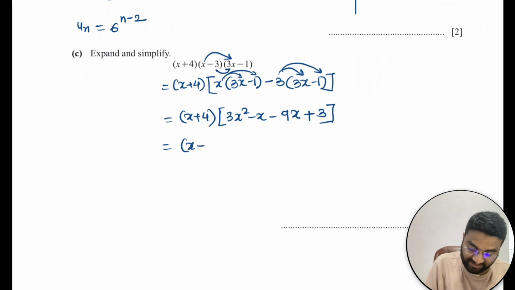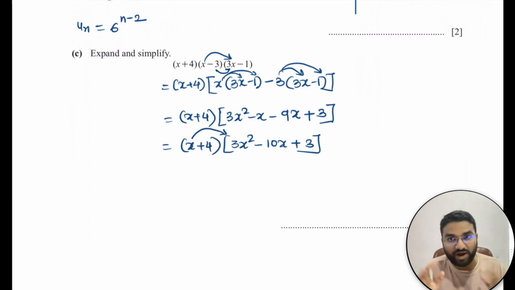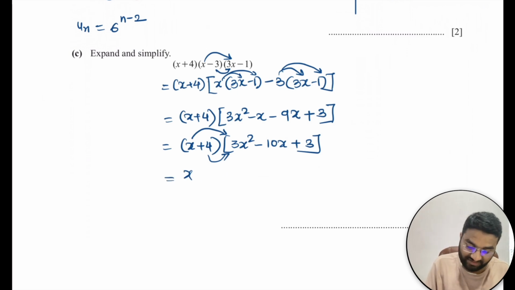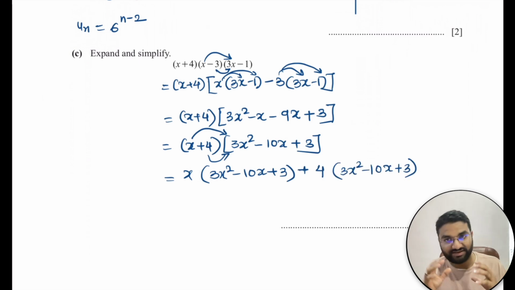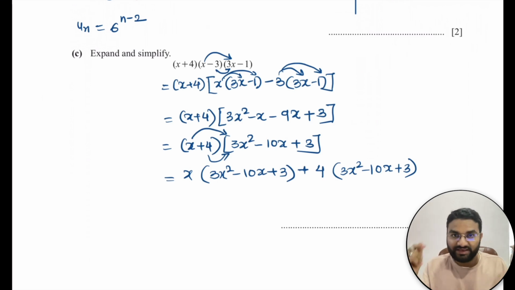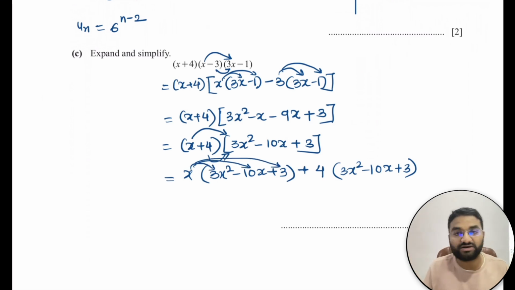So it's x plus 4, then 3x square minus 10x plus 3. Now take this x and expand the whole bracket, and take this 4 and again expand the whole bracket. So it's x times 3x square minus 10x plus 3, and plus 4 times 3x square minus 10x plus 3. Then you have to multiply each and every term in the bracket.